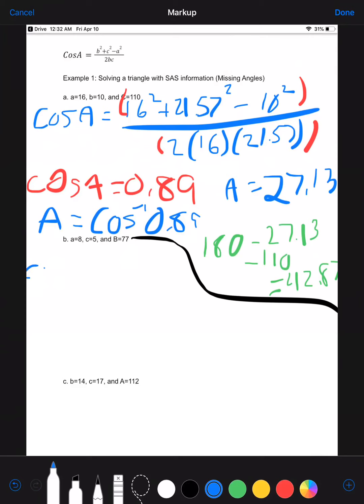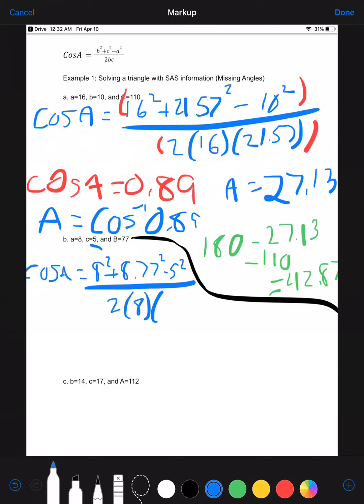So cosine A equals the first number, 8 squared, plus the number you got yesterday, so in this case 8.77 squared, minus the second number, 5 squared, divided by 2 times the first number times that second number.